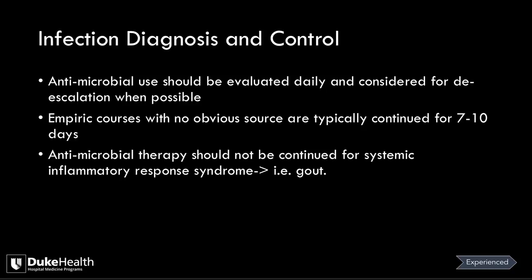There's really no consensus on what the right choice is, but that seems to be often what is chosen and reported. And antimicrobial therapy, as is pretty obvious, should not be continued for systemic inflammatory response syndrome, for instance someone who has a gout flare that has SIRS. So those go along with antibiotic stewardship and preventing the development of antibiotic resistance.